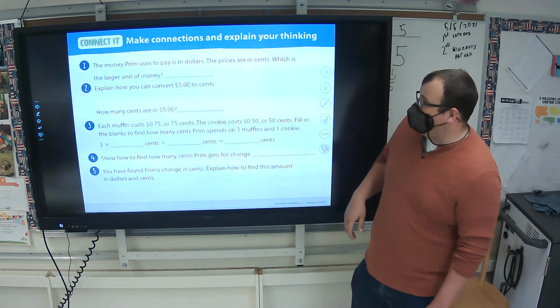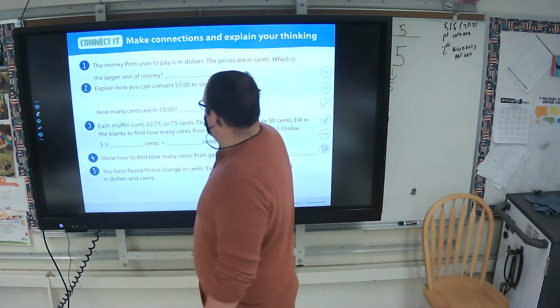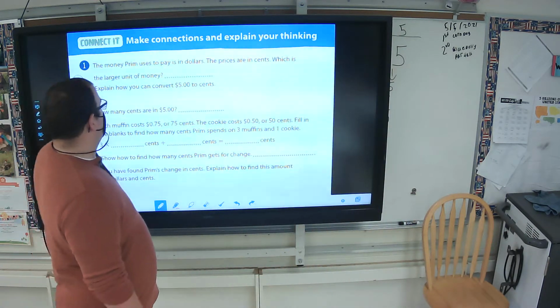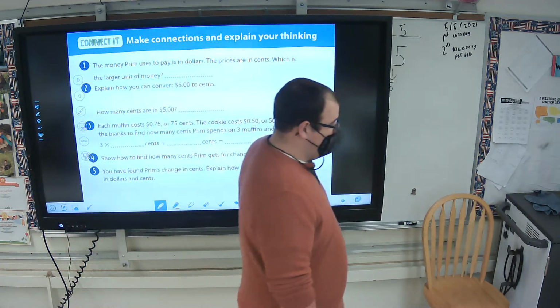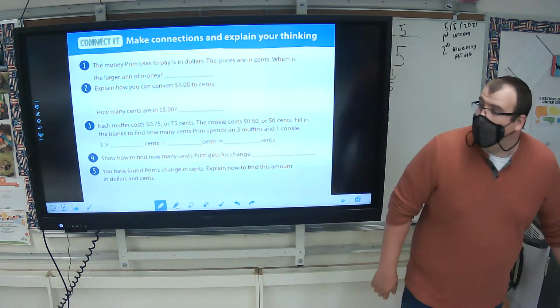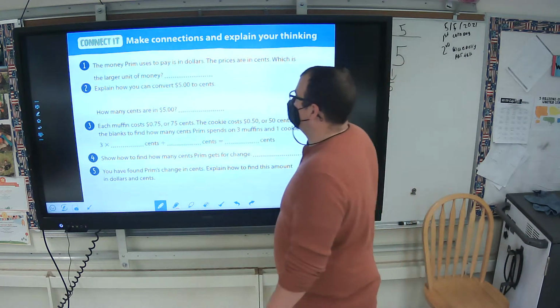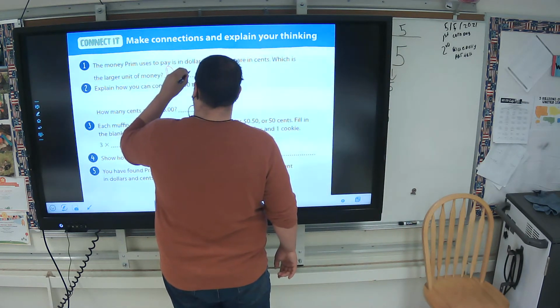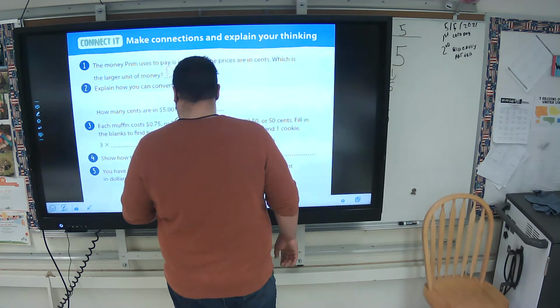So the money Prim uses to pay is in dollars. The price is in cents. Which is the larger unit of money? What is larger, dollars or cents? Dollars. This is easier than adding time. Oh, hang on. Give me a second.